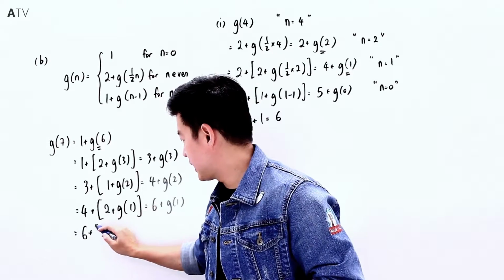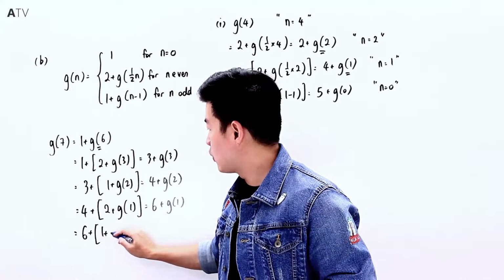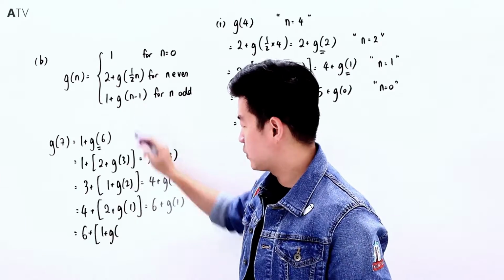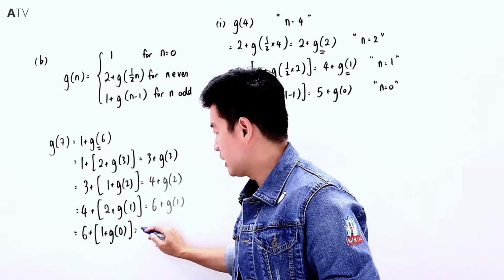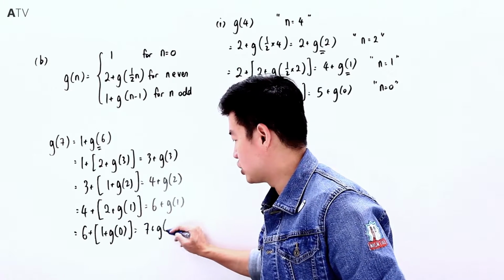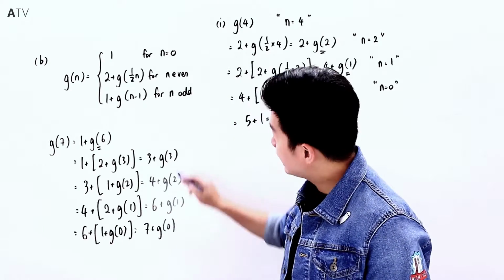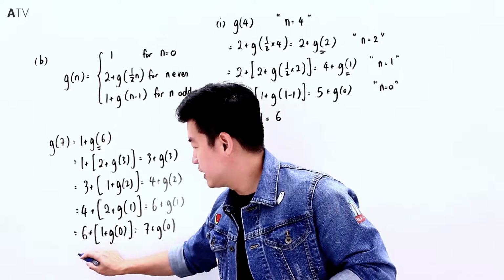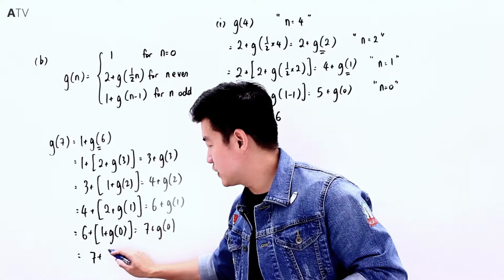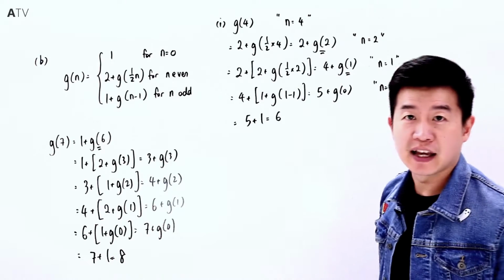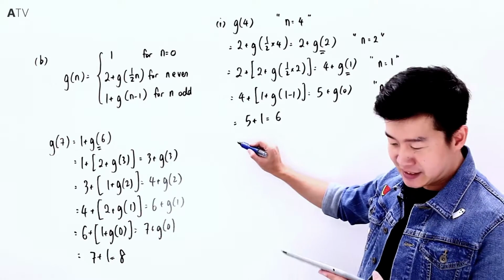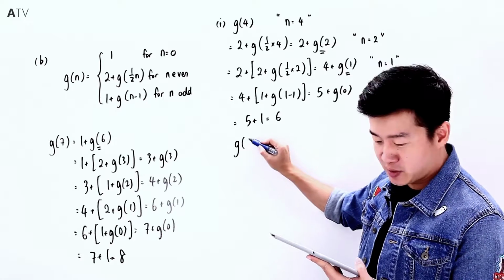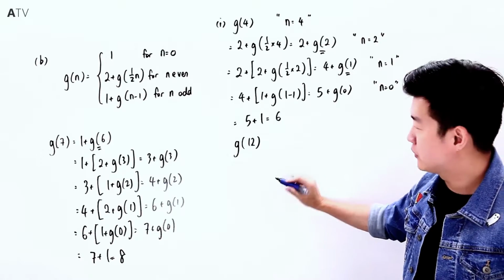So it will be 6 plus G1, it is 1 plus G of 1 minus 1, 0, which is 7 plus G0. And when n is 0, G0 is 1. So this is going to be 7 plus G0 is 1. So this is 8. Let's look at the last value that we are supposed to evaluate, which is G12.